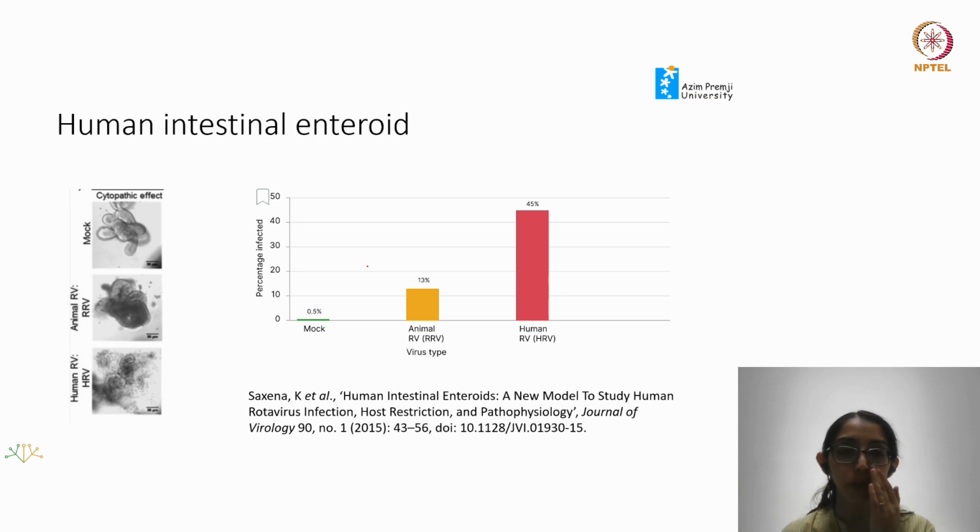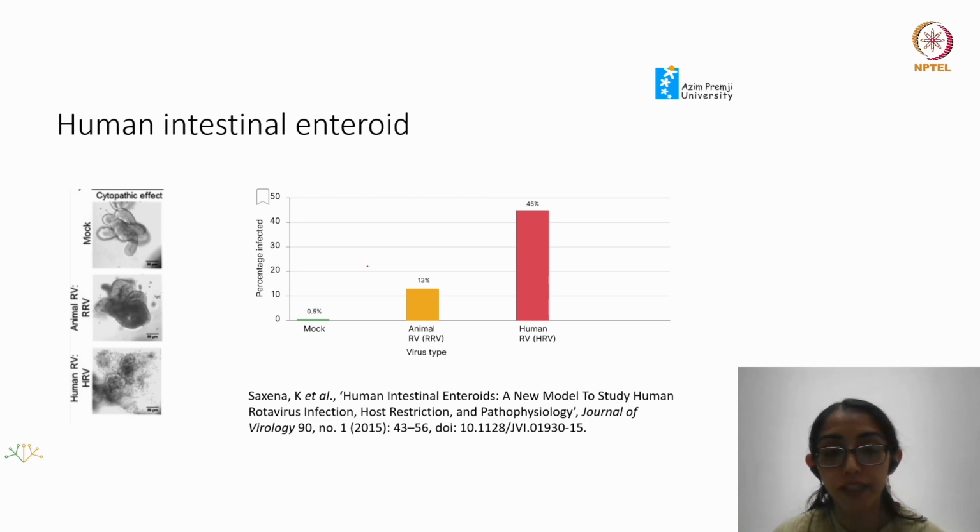So I just want to illustrate now an example of how enteroids, so as I said, enteroids are organoids, and these are organoids derived from human intestinal cells, right? So they are mini organoids. Because they're derived from intestinal cells, they're called enteroids.